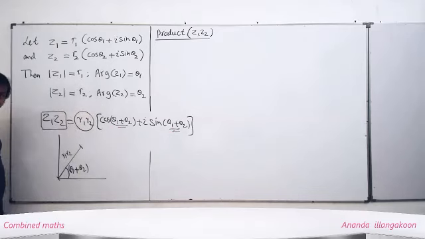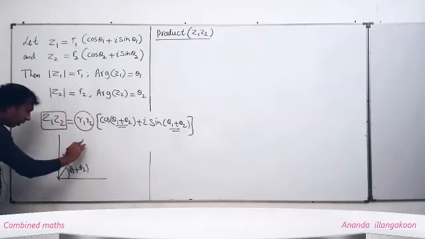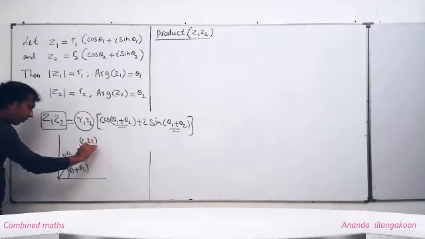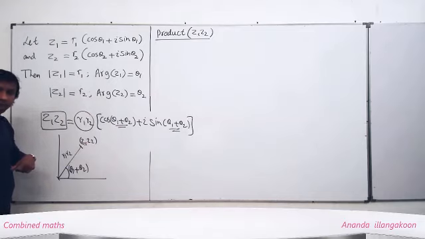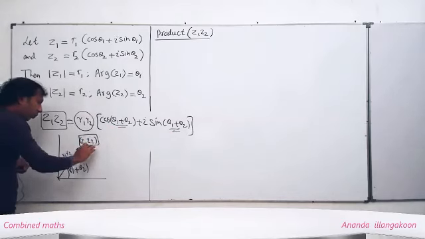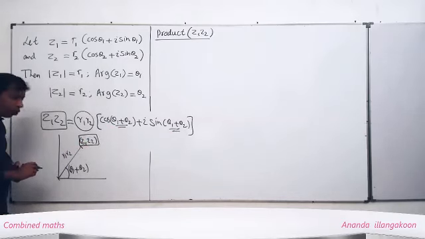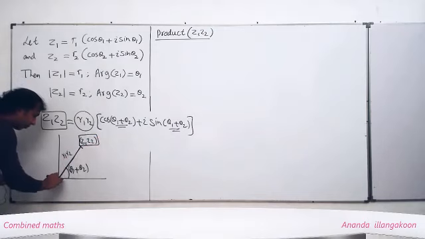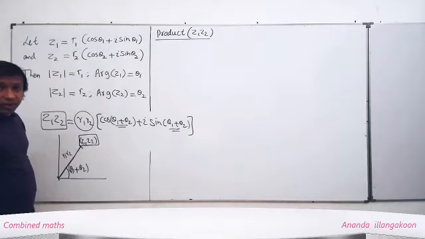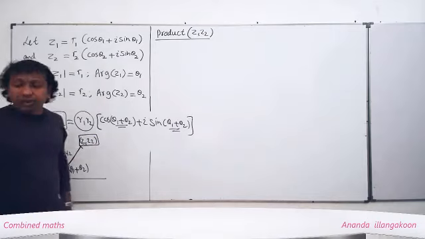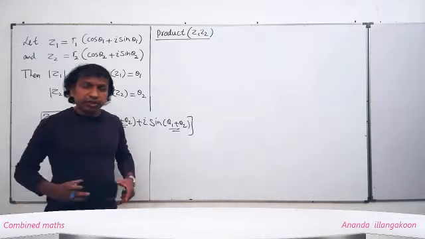The ending point is the point that represents the Z1, Z2 product. In the polar form, the complex number can be represented by a line segment. Then this line segment only we need to find, right? Then this is how we find that line segment. Very carefully listen to this.